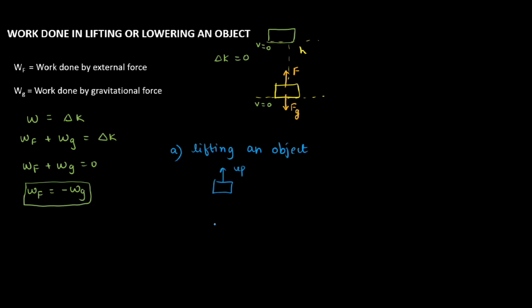And we determined in the previous part that whenever an object is going up, work done by gravity on that object is negative mgh. And since work done by the external force in lifting the object is negative of work done due to gravity, the work you do to lift an object will be positive mgh. It is opposite to the work done by gravity.